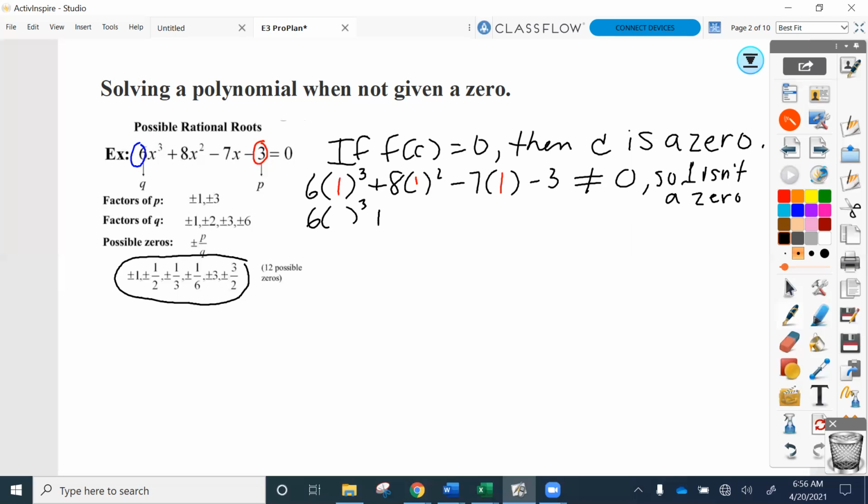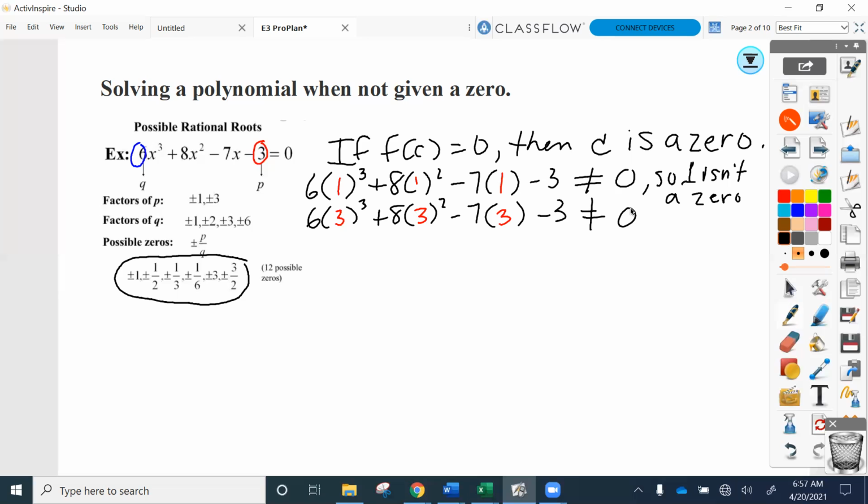All right, so then we'll try other numbers. It doesn't really matter the order you try, but just keep track so you know. Let's try 3. I'm just doing random numbers here. If you calculate that, that is also not equal to 0.